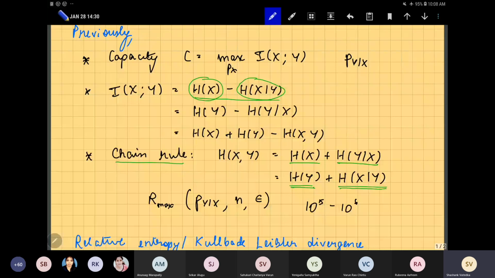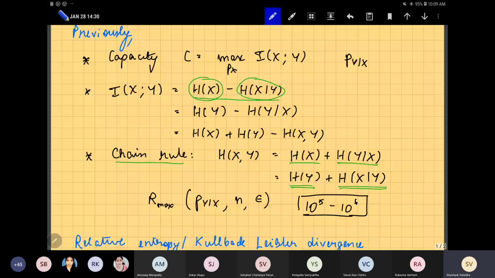And the data rates that one is typically interested in are several megabytes per second if you're talking about 4G type of communication. So you're interested in 10^5 to 10^6 bits per second. And for many of these applications, a latency of a fraction of a second is fine. So indeed, this is the block length, the value of n that one is typically interested in for data and voice communication. Right?